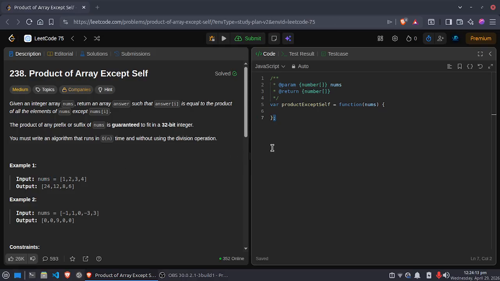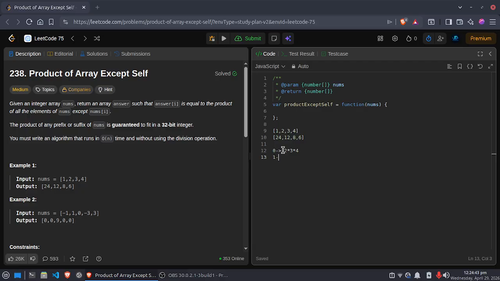Like I have this array 1 2 3 4, and the output will be 24, 12, 8 and 6. This is example number 1. For index 0 I have 2 multiply 3 multiply 4, that is 24.